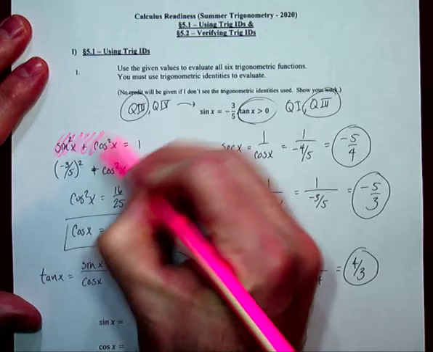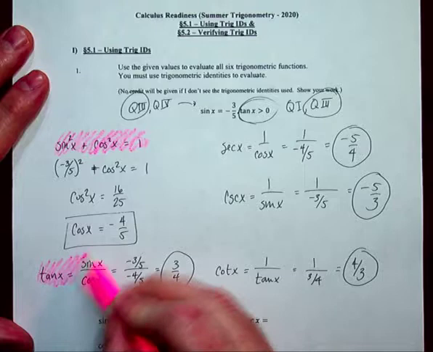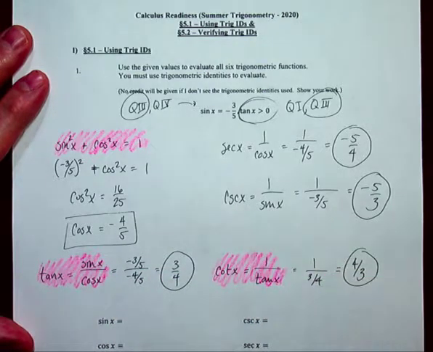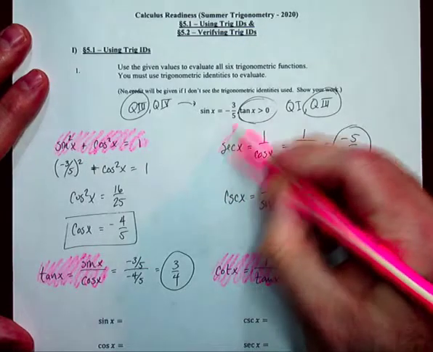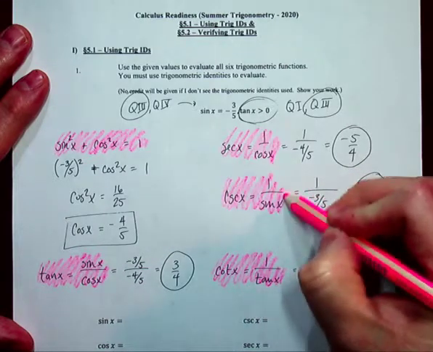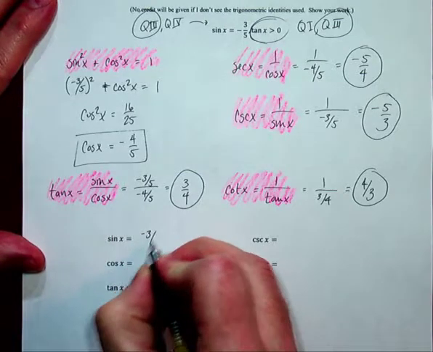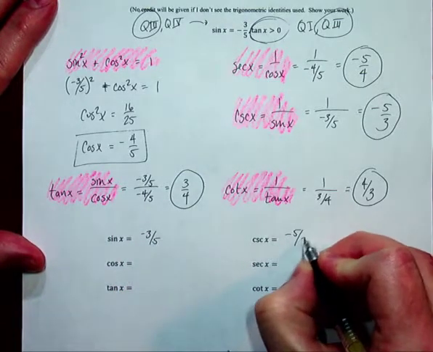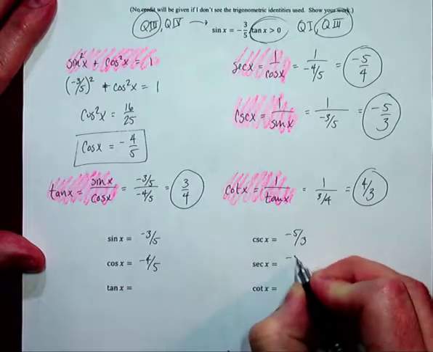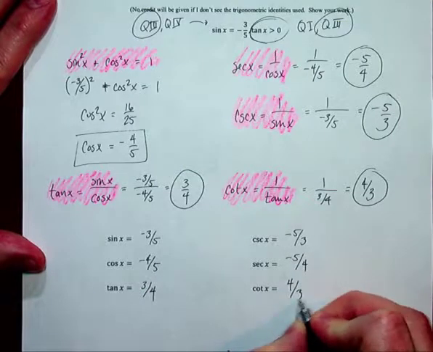Okay, trig identity number 1 to get cosine, trig identity number 2 to get tangent, trig identity number 3 to get cotangent, trig identity number 4 to get secant, and trig identity number 5 to get cosecant. Okay, and then all I have to do is just fill in this little chart down here. And cosine was negative 4/5, this was negative 5/4, this was 3/4, and this was 4/3, and I'm finished.